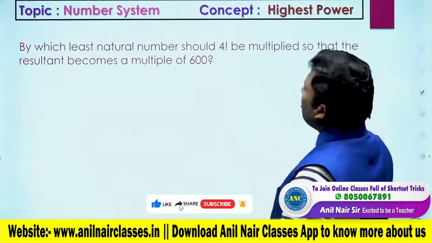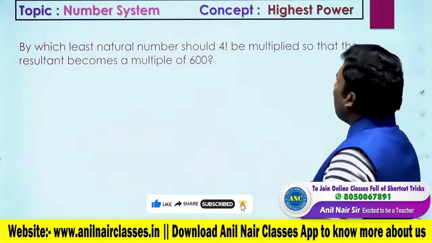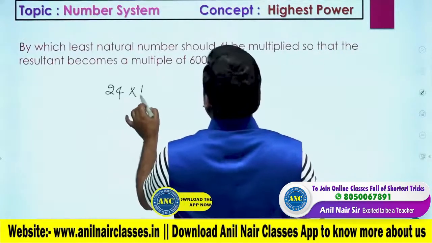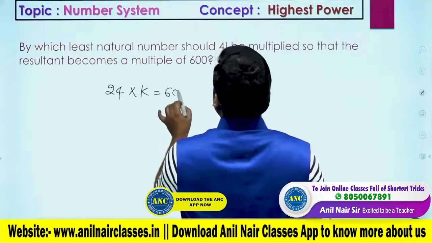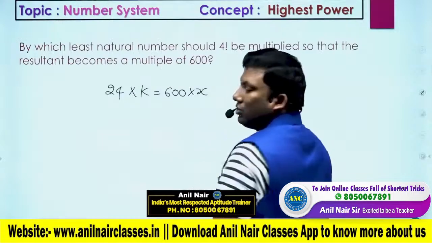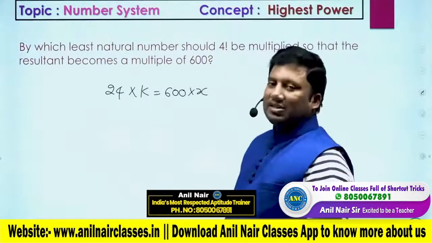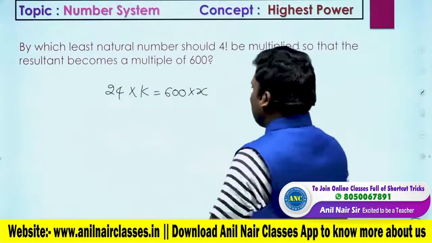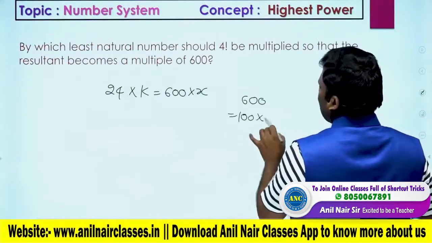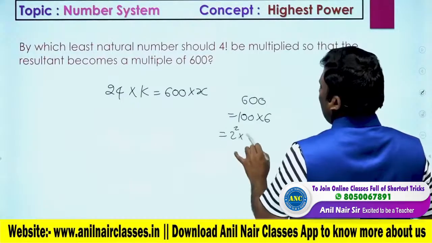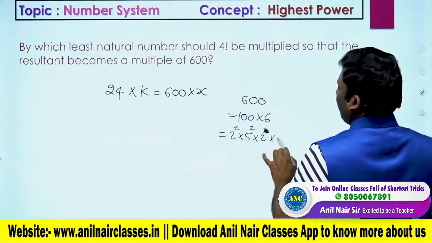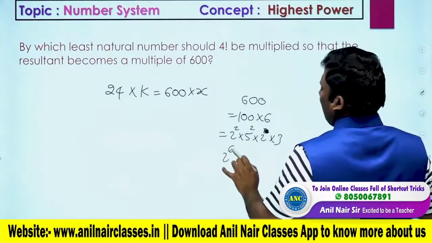By what least natural number should 4 factorial be multiplied such that the resultant is a multiple of 600? So 24 into k is 600 into x. 600 is 100 into 6, which is 2 square into 5 square into 2 into 3. It will be 2 power 3.